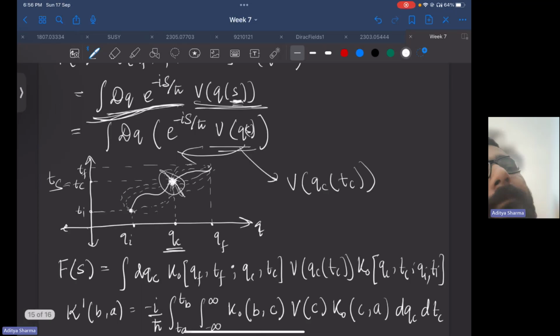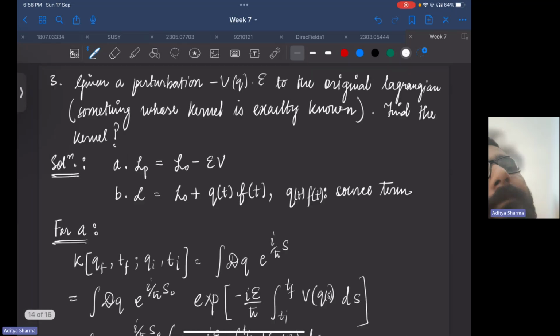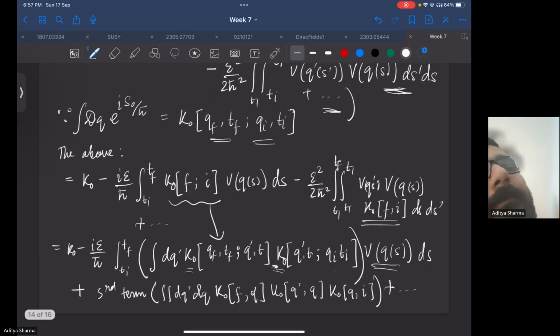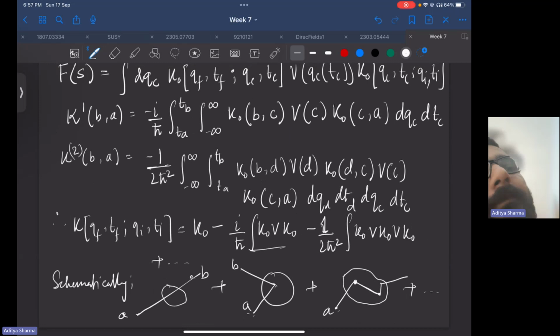So this is the kernel for interacting for a potential of this kind. Okay? And this is similar to what we do in Born approximation. So it's the full series. It's not the Born approximation.